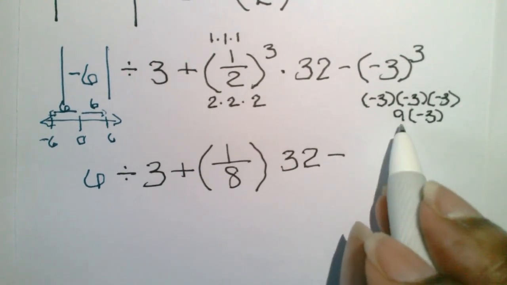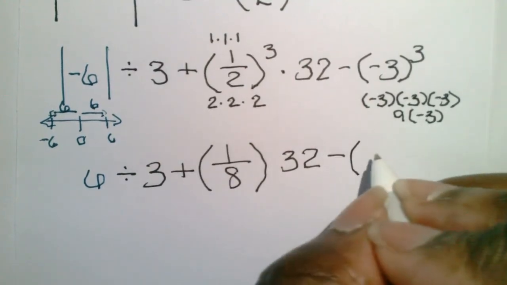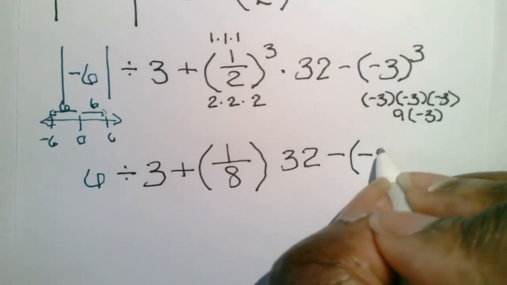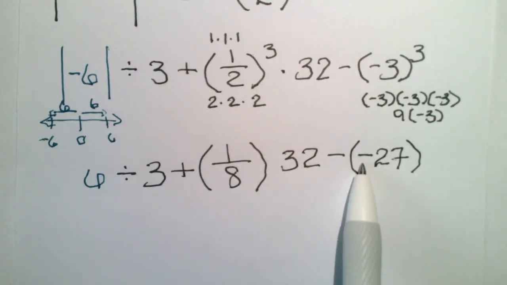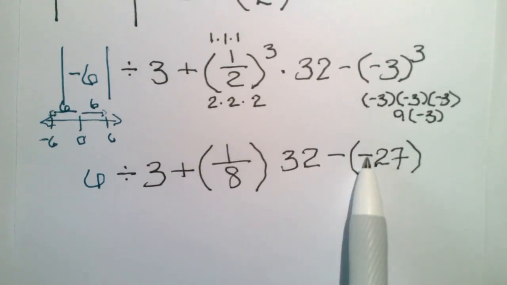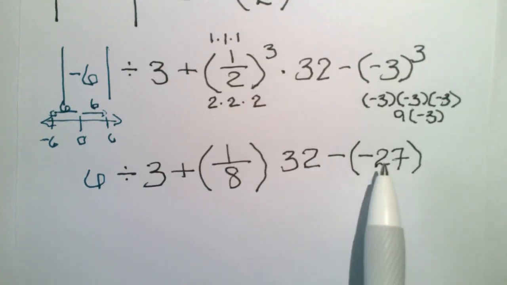And then positive 9 times a negative 3, this still gives me a negative 27. Notice, and this is where everyone screws up at, notice this negative did not replace this minus sign. Okay? So we had to bring down a negative 27.